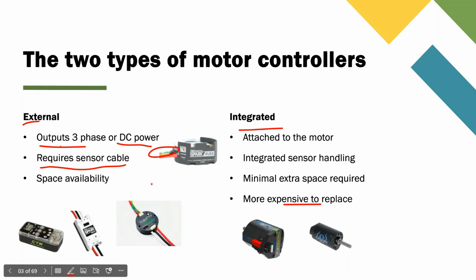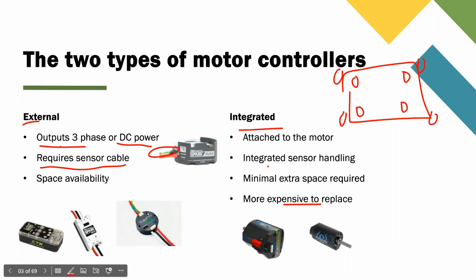But they do require another wire compared to an integrated one, and they take up a lot more space. When you're planning your robot, you have to make sure that you leave room not just for the motors you have, right? You have your wheels here, but you also have to designate a spot in your robot for each one of these motor controllers, as every motor would need some kind of Spark Max or Spark Flex, and they do take up space.